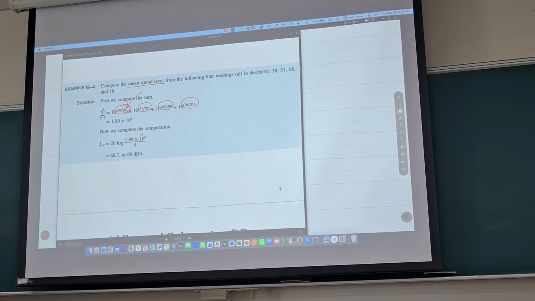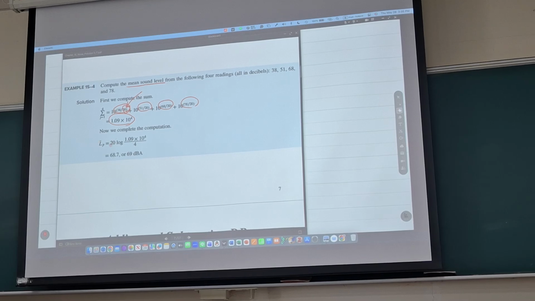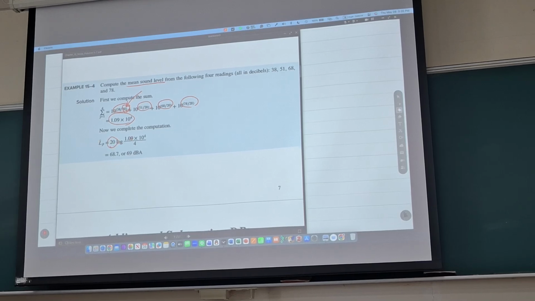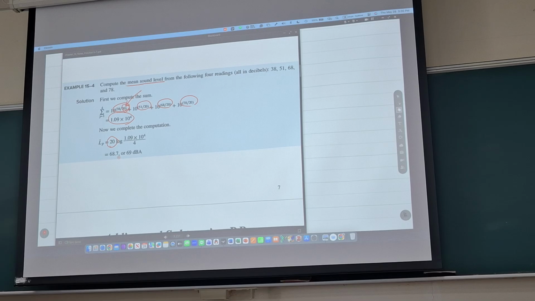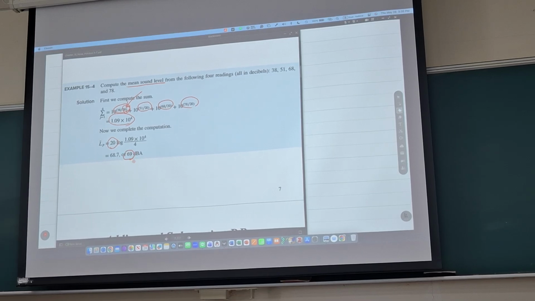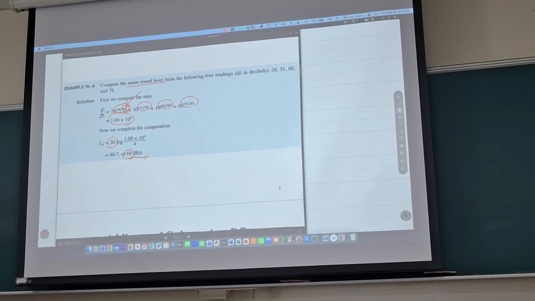So divided by 20. Think about each of the 4 readings converted to this value. So the mean sound level is 20 log of 1.09 times 10 to the 4 divided by 4. So the answer will be 69 dBA.